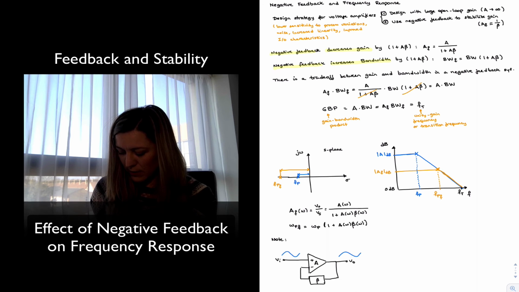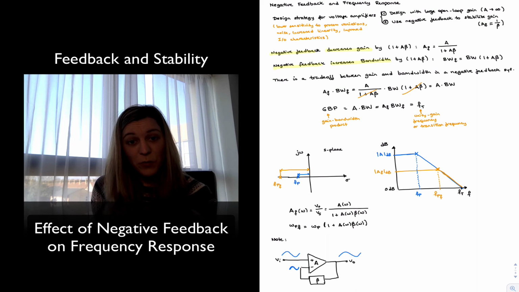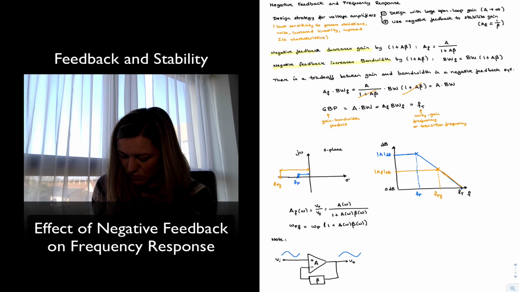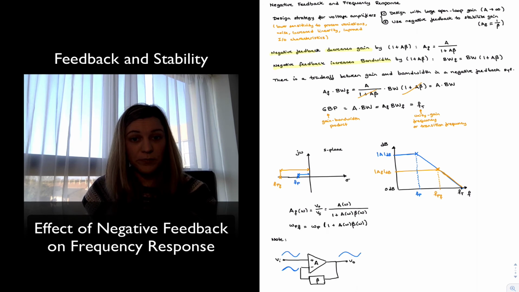That's going to get multiplied times the output signal, and I'm going to get a signal at my negative input. If my op-amp is operating properly, it's going to be of the same magnitude as my positive input terminal signal. And so when both of them get subtracted from each other, my error signal, which is what I feed into the input of my op-amp, is going to be approximately equal to 0.